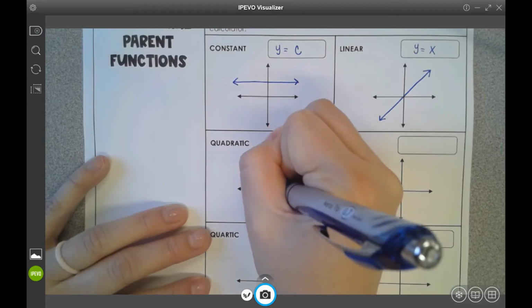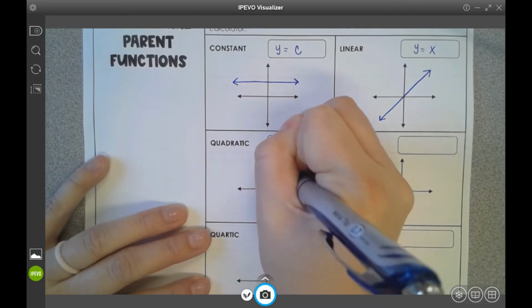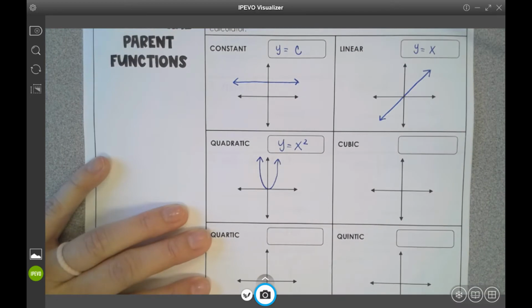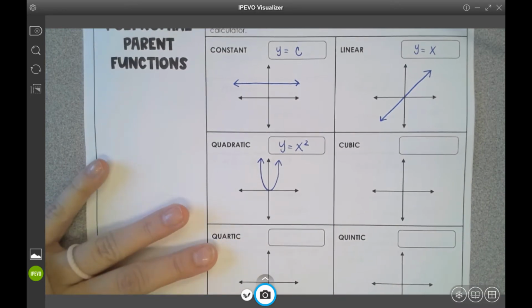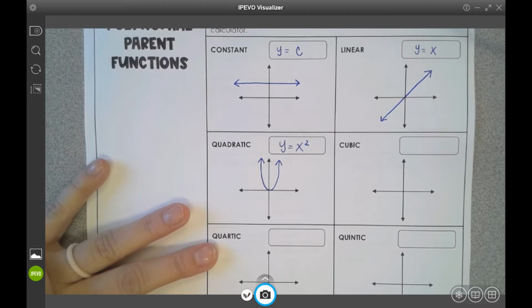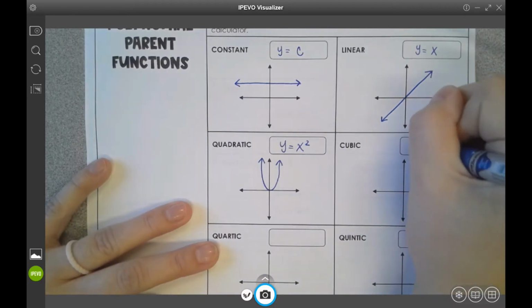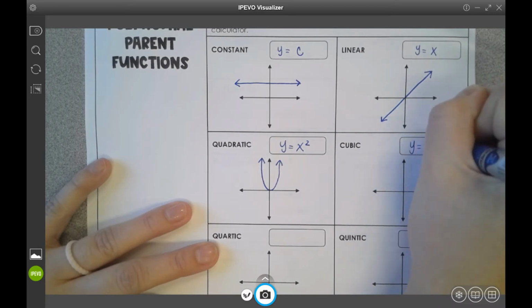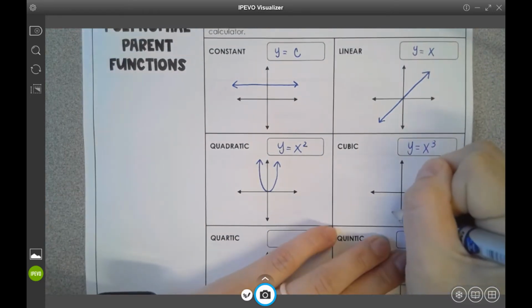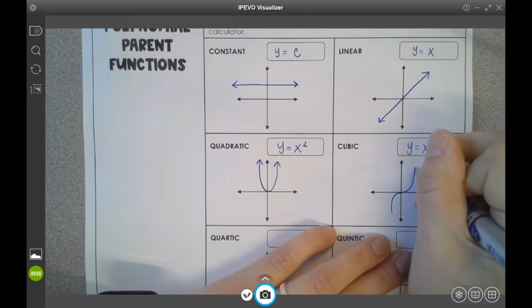So that looks something like this. Now a cubic, that's y equals x cubed.